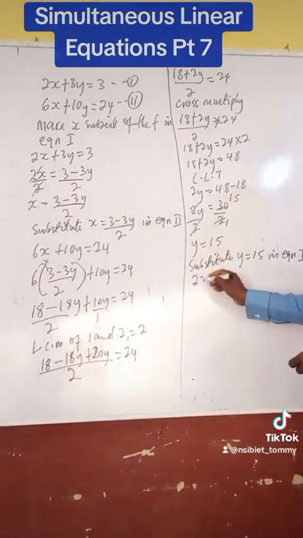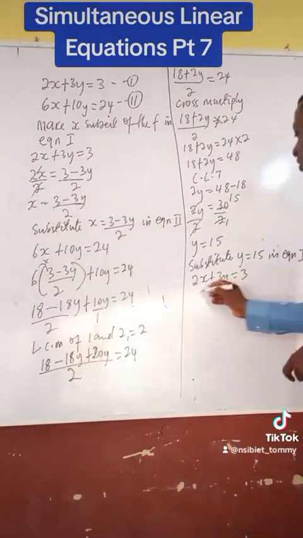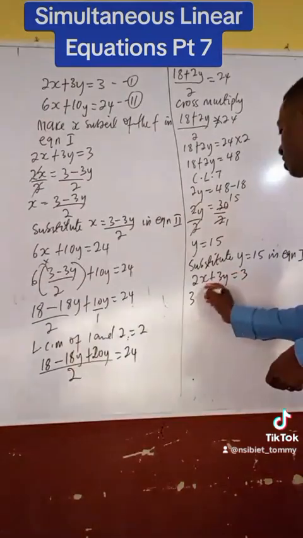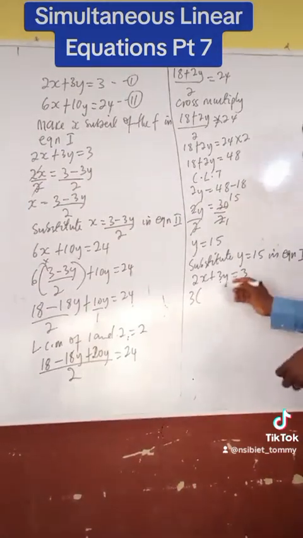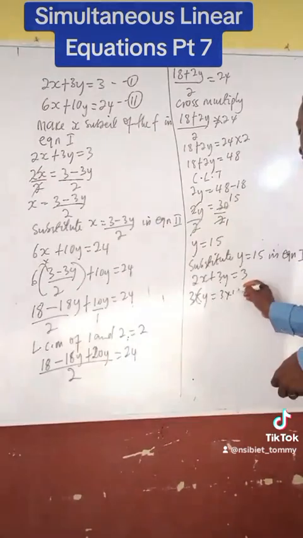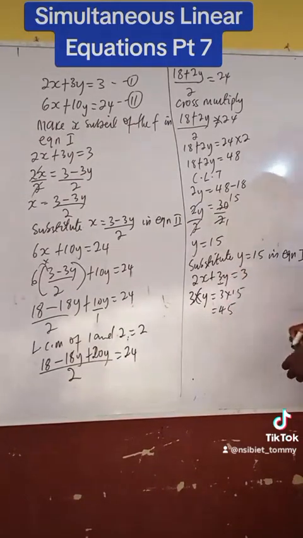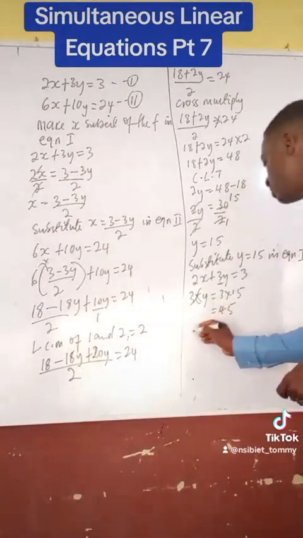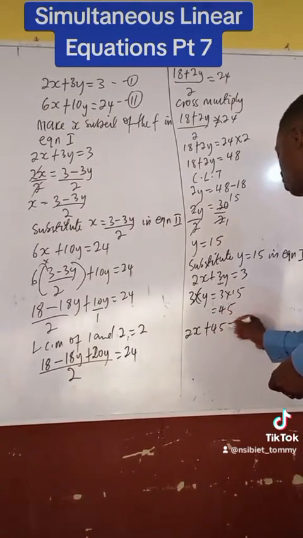Equation 1 is 2x plus 3y equals 3. Wherever we have y, we are going to replace it with what? With 15. 3y simply means 3 times 15, which gives us 45. Let's continue. 2x plus 45 equals 3.